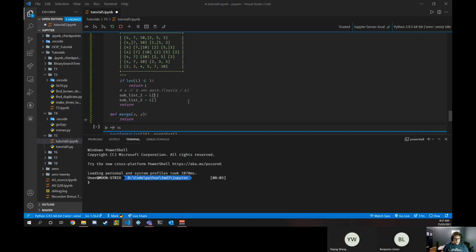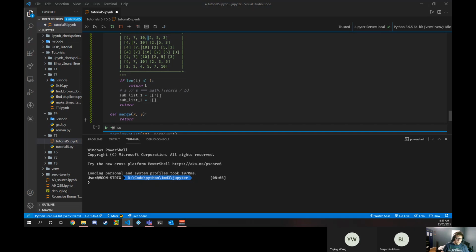Slicing involves a start and an end position with going up by an increment value. The increment value, of course, is going to be 1 because we want every item to be in the subarray. When I look at 4, 7, 10, 2, 5, 1, I don't want to skip the 7 when I'm breaking into two lists. Second, where do I start? Well, I'm always starting at the beginning, and sublist 2 is always ending at the end.